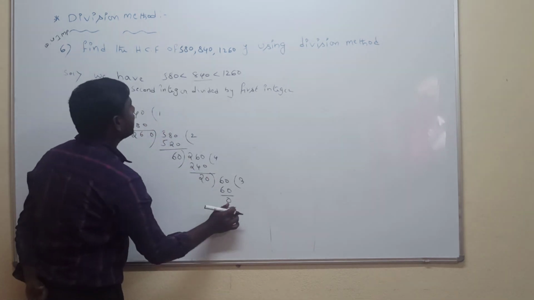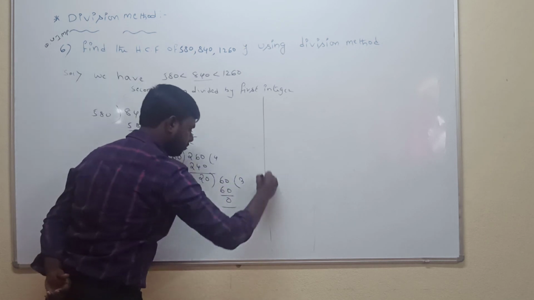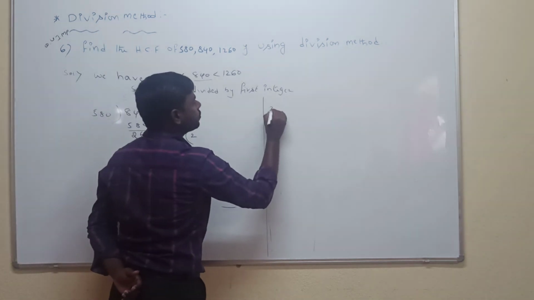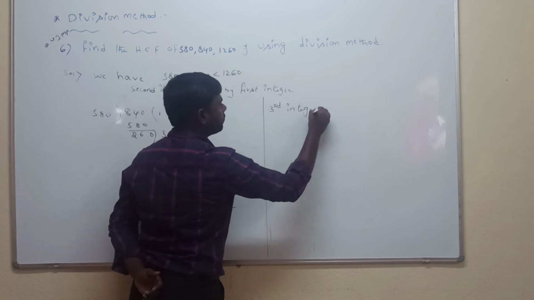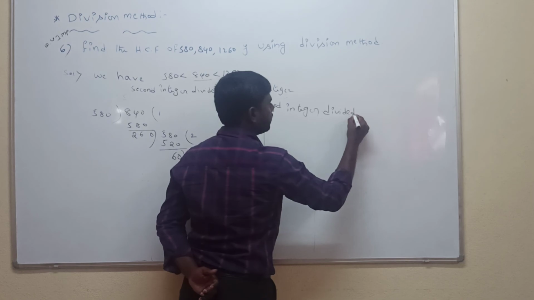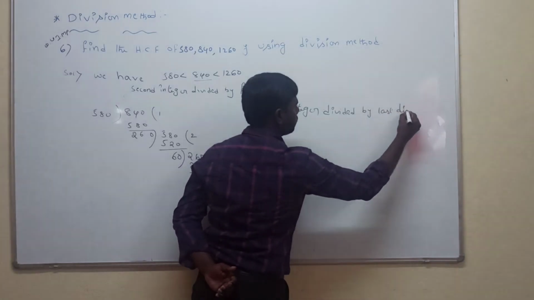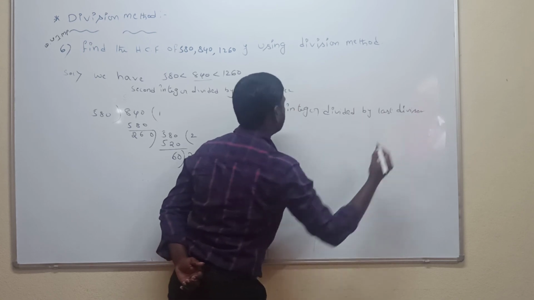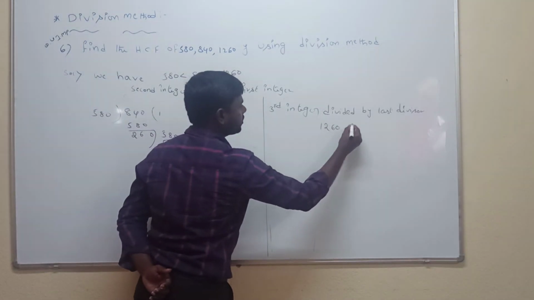Whenever remainder 0 is obtained, divide the third integer by the last divisor. So the third integer is 160.